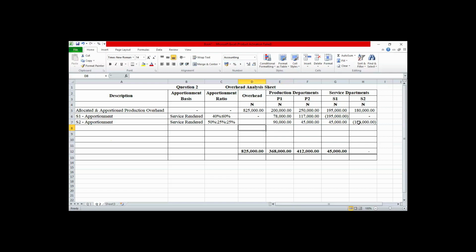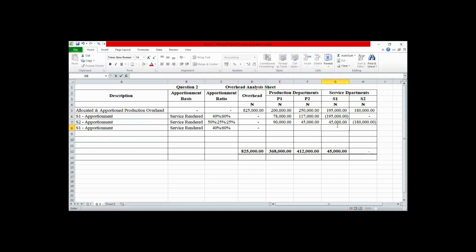Now, see what we are going to do next. We now say S1 again. S1 apportionment on service rendered, which is 40% ratio and 60%. What are we taking out now? 45,000.